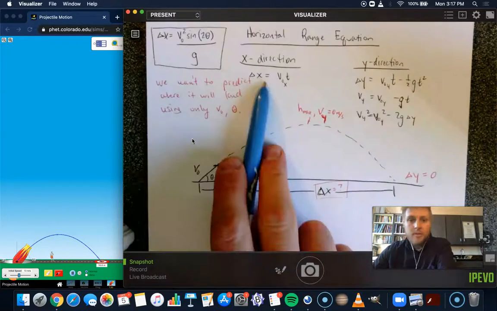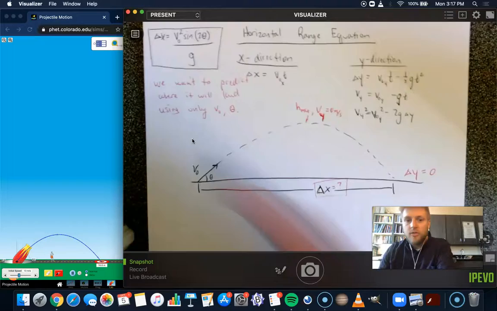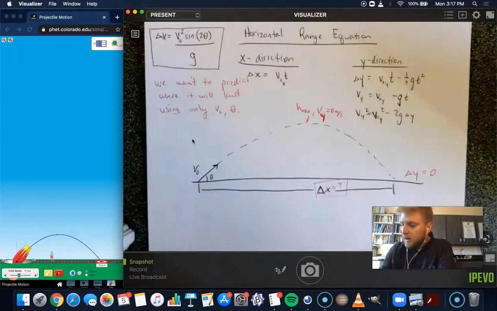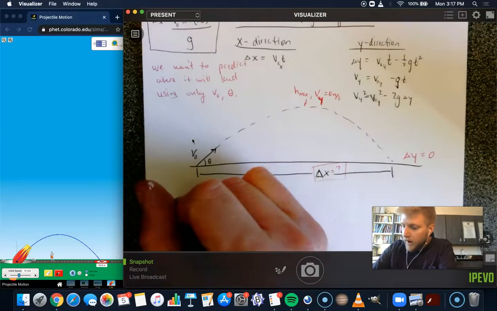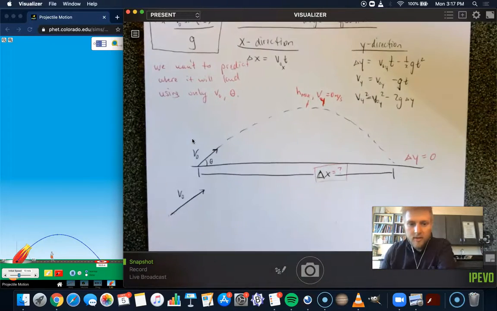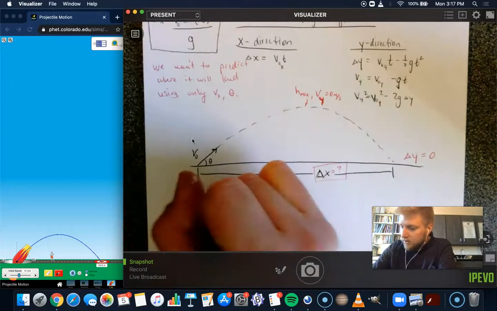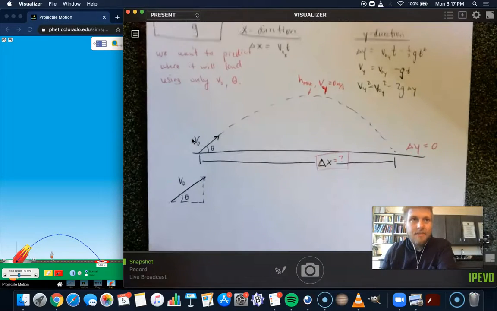So in order to set this up, we're going to use our equations here. And what we need to do before we do anything else is set up our trig information. So let's do that right over here. I'm going to break out this little triangle, and we'll set it up in a more coherent way. I'll blow it up just a little bit so you can see it. So there is our initial velocity vector. It is launched, of course, at some angle that we're going to call the Greek letter theta.